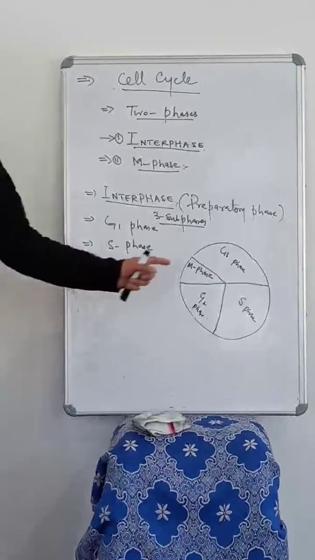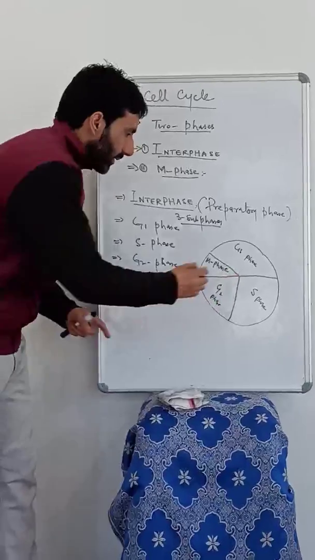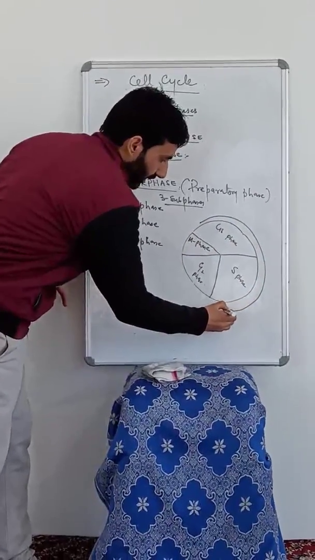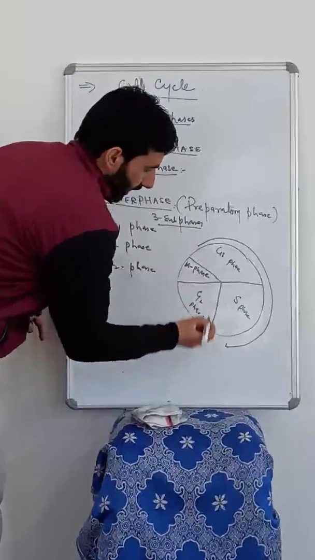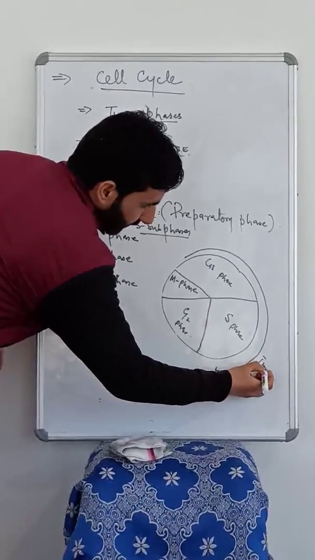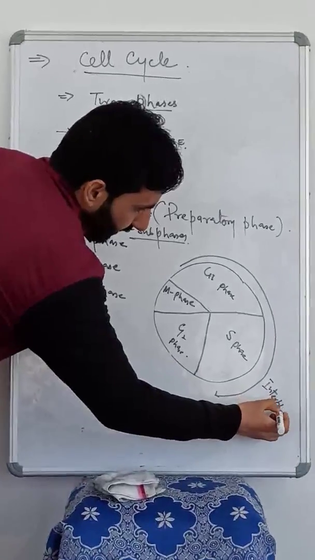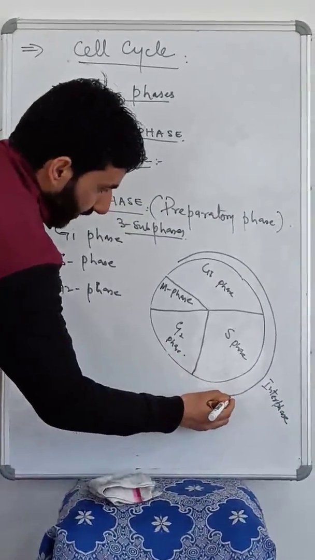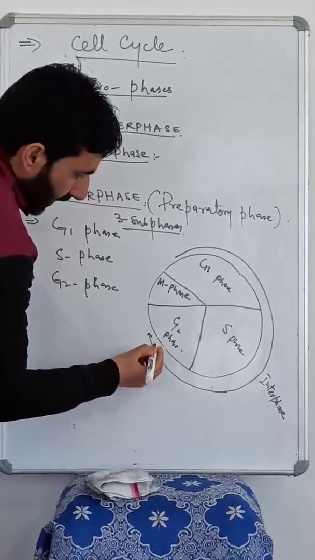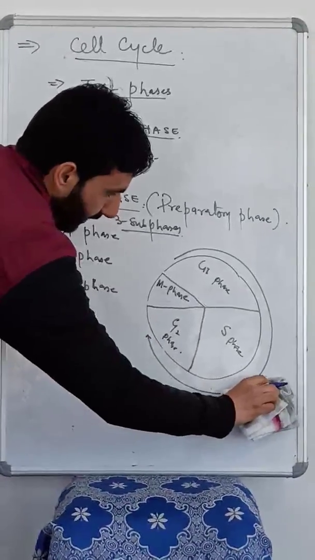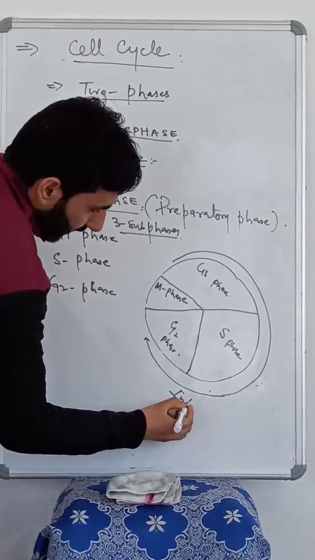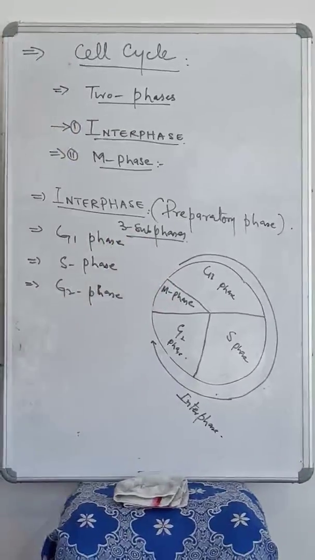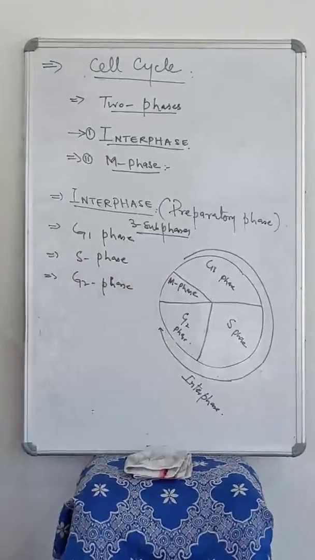So G1, S and G2, these three phases from here to here, are the interphase. After interphase, the M phase follows. That's mitosis. We will deal with it later.